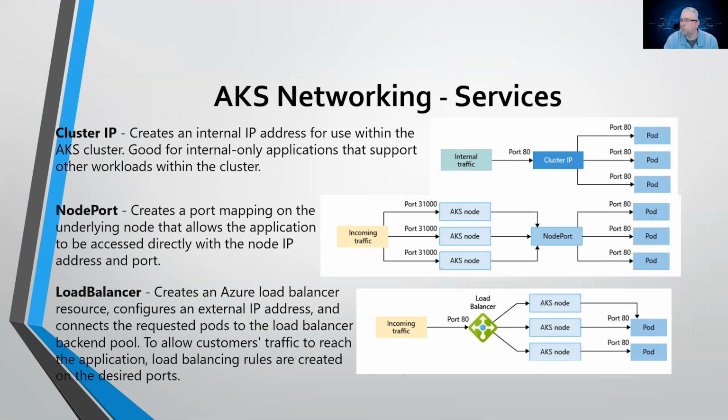This is only good for internal-only applications, custom applications for internal use, basically. Now, the node port creates a port mapping for the underlying nodes so they can be accessed directly with the node IP. Again, this will change based on the type of networking you're using.